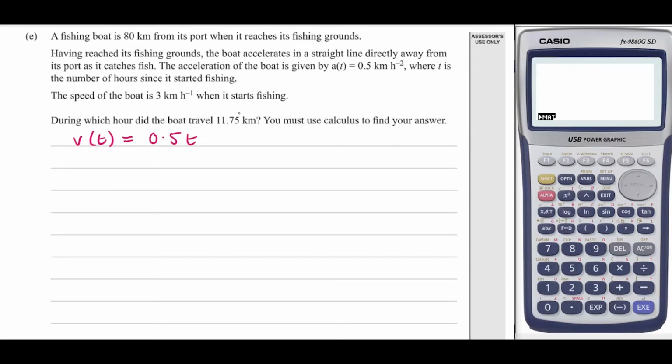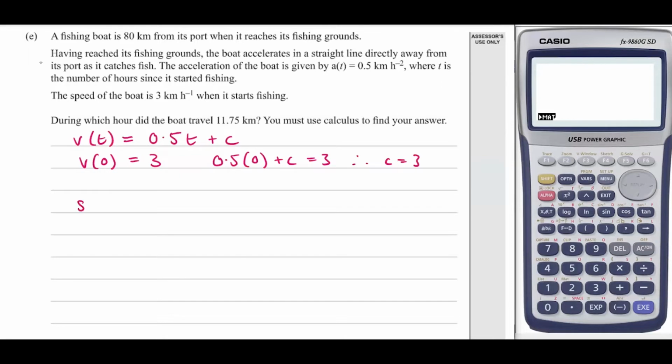So that'll be 0.5t plus a constant. Now we know this information here, the speed of the boat is 3 when it starts fishing. So v when the time is 0 will be equal to 3. So 0.5 times 0 plus c equals 3, therefore c is equal to 3.